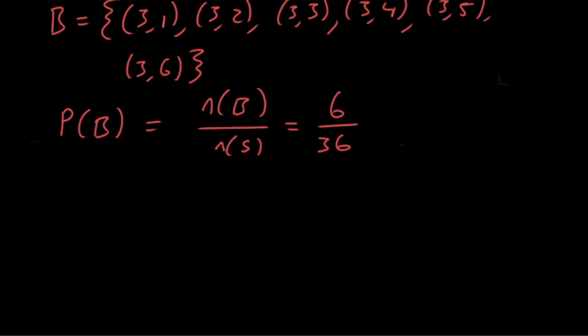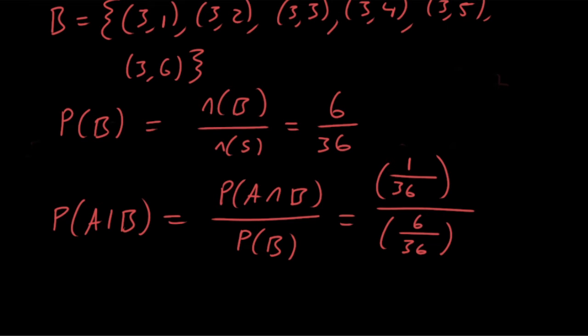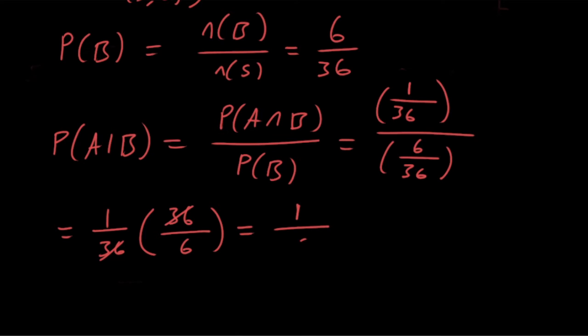Okay, so now the probability of A given B is equal to the probability of A intersection B over the probability of B, which is equal to 1 over 36 over 6 over 36. And remember, when we divide fractions, we leave the top alone. So 1 over 36 times, and then we flip the bottom, 36 over 6. The 36's cancel, and you're left with 1 over 6.